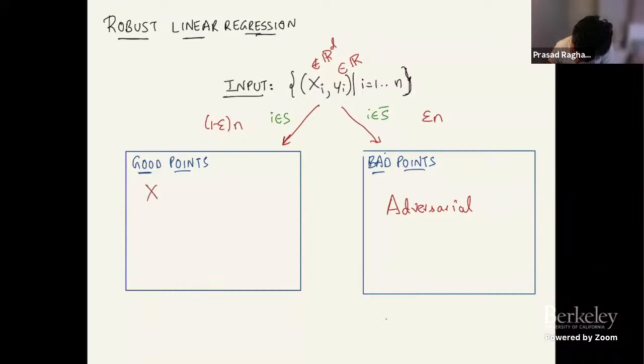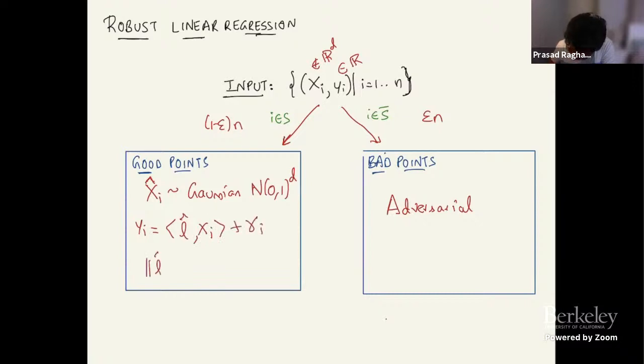The example xi is a Gaussian vector, and the label is generated by a good linear function L hat, so yi is the inner product of L hat and xi plus gamma i, where L hat is a linear function with some bound on its norm, and gamma i is some small Gaussian noise, let's say of magnitude gamma.